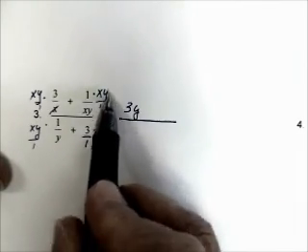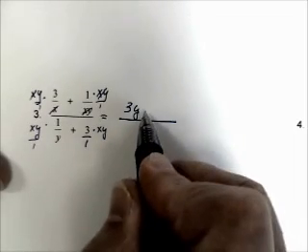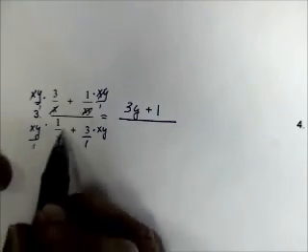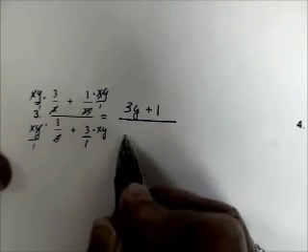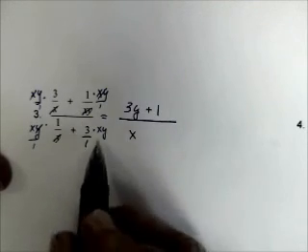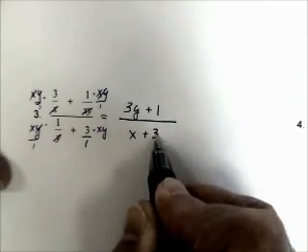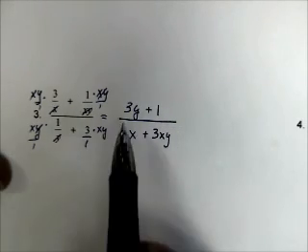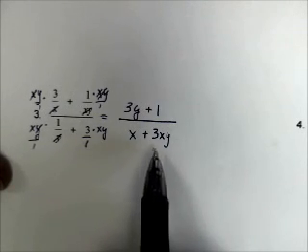Before I multiply here, the xy's divide out, so we're left with just 1 over 1, which is 1. Multiplying here, before we do, the y's divide out. X times 1 is x. And nothing divides out, so 3 times xy. So we have 3y plus 1 over x plus 3xy.